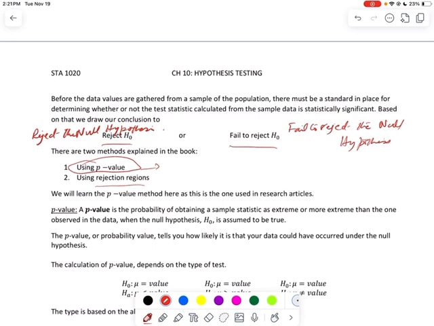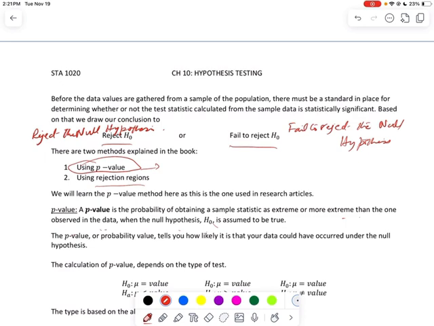So how do we apply this method? First thing is, what is a p-value? A p-value is the probability of obtaining a sample statistic as extreme or more extreme than the one observed in the data when the null hypothesis H0 is assumed to be true.